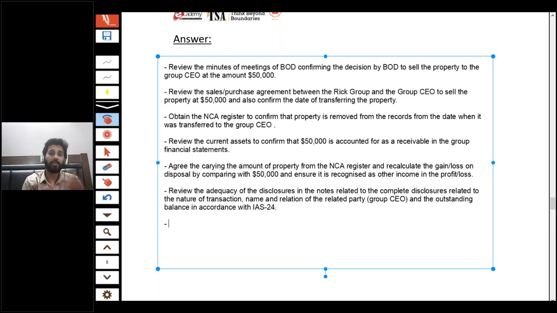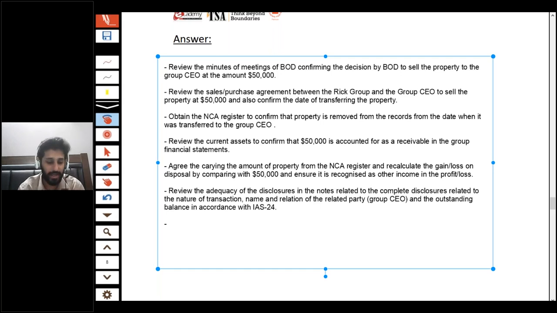And considering the relationship with the group CEO, I am selling this property to the group CEO at $50,000. And it might be possible that transaction may not be in the arm's length transaction based on the market analysis. So you can also verify the rates from the market of the similar kind of property to confirm the reasonableness of the transaction, right?